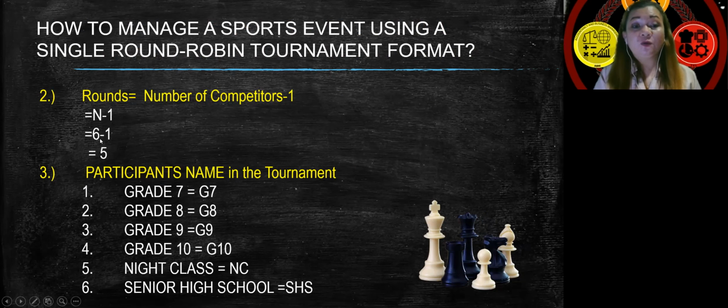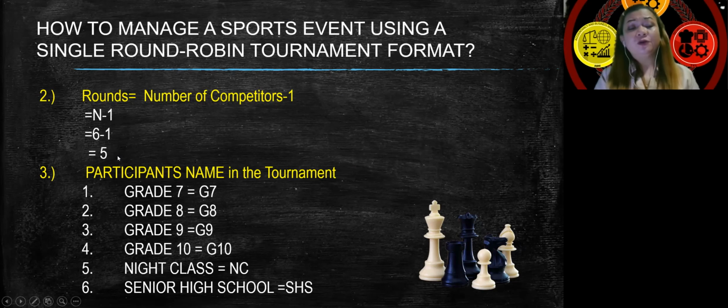Because we have 6 teams, 6 minus 1 equals 5. So we have 5 rounds. Based on the first procedure, we have 15 matches, and now for the rounds, we have 5 rounds.